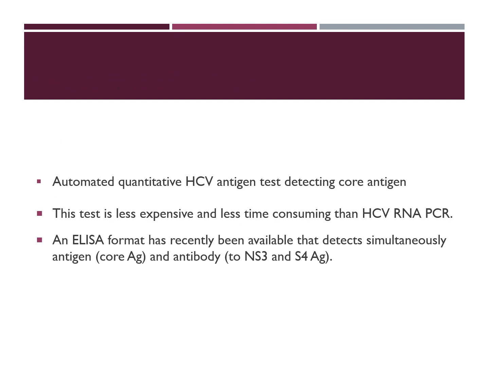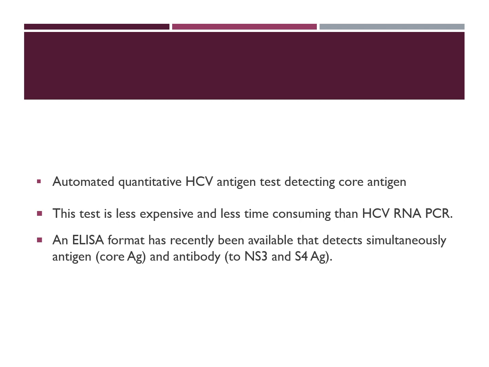Now, there are some automated quantitative HCV antigen tests which detect the core antigen. Previously, I told you the ELISA targets the core and certain non-structural proteins. But now a newer test has come where, quantitatively, you can also know the viral load, and you are detecting the antigen.